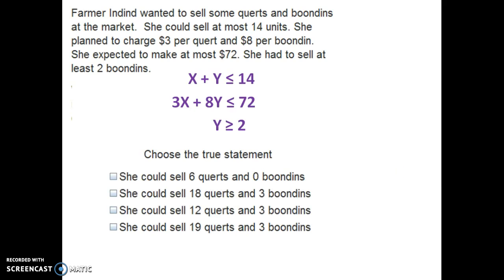Choose the true statement. She could sell 6 quarts and 0 bundens. So let's see. All we need to do is substitute our quart numbers in for x and the bunden numbers in for y.